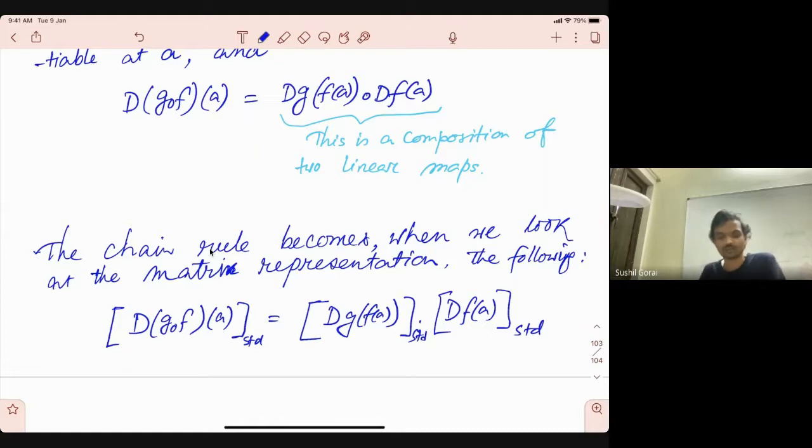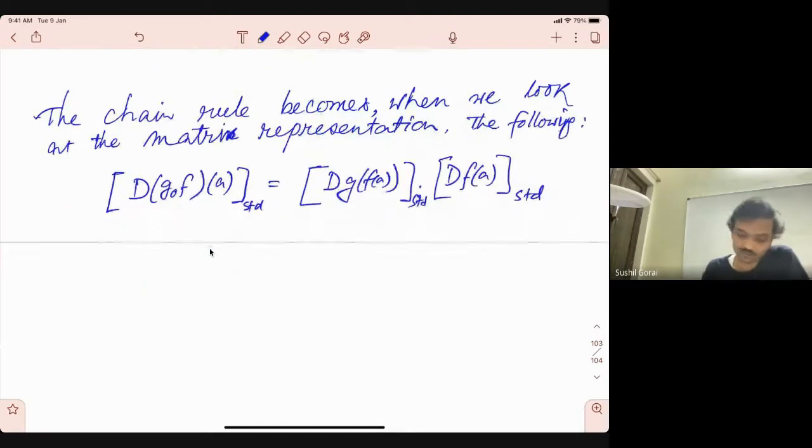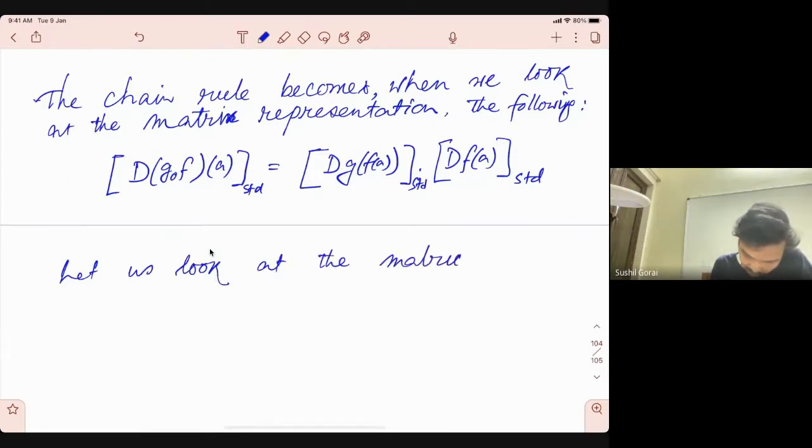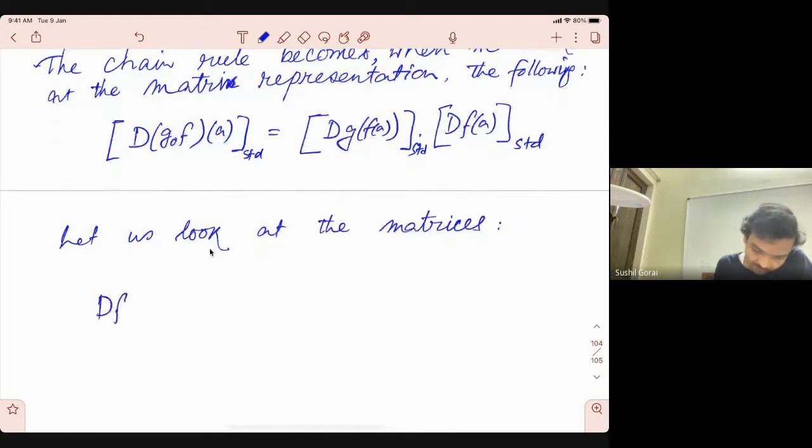Now we know what this representation is, right? So let us look at the matrices. What is df at a with respect to the standard basis?